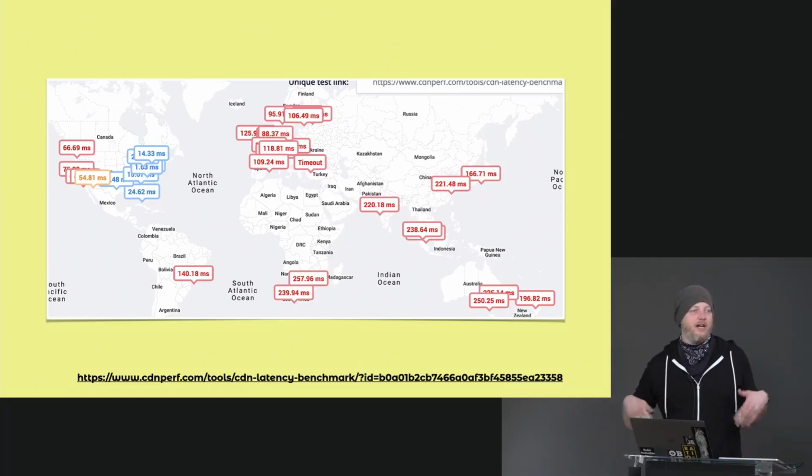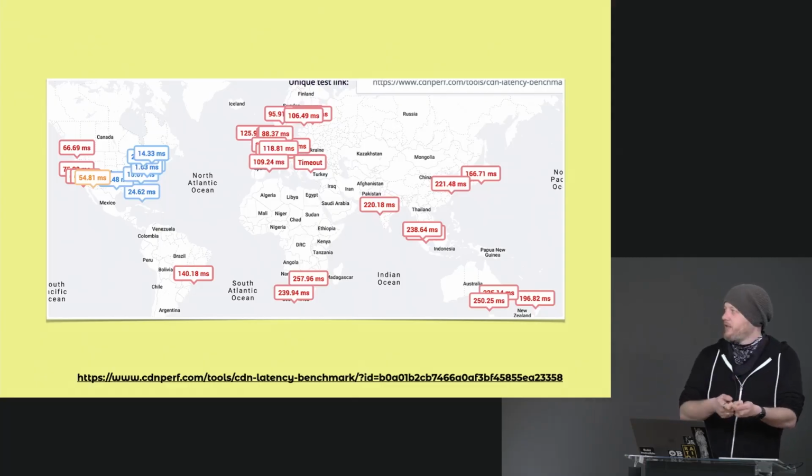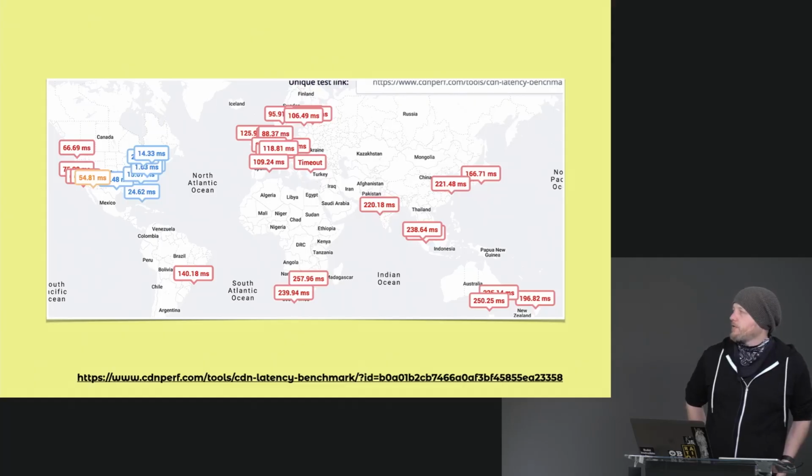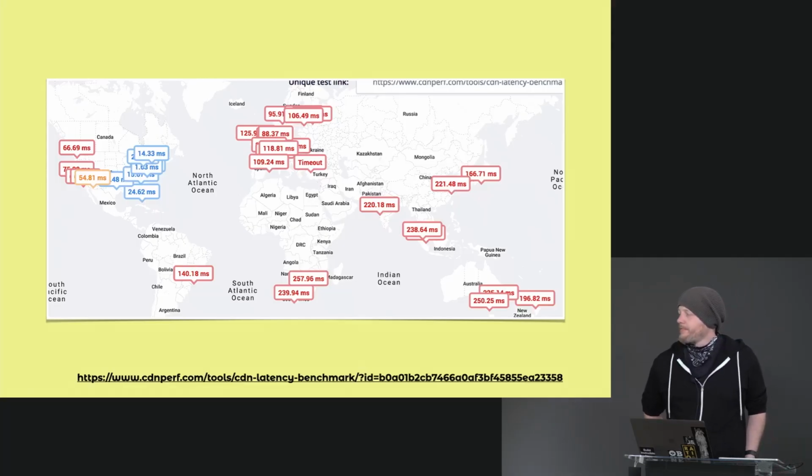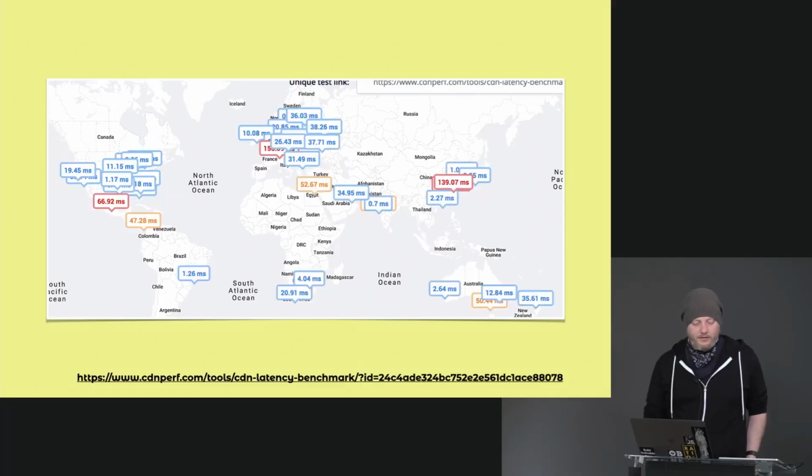So this isn't even the entire time to get the application. This is time before the very first byte hits their browsers, right? So it's over 10 times, almost just shy of 20 times worse in Australia and some parts of South Asia. That is before CloudFront.